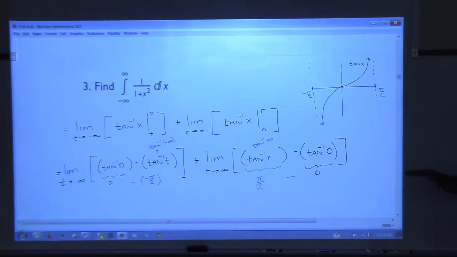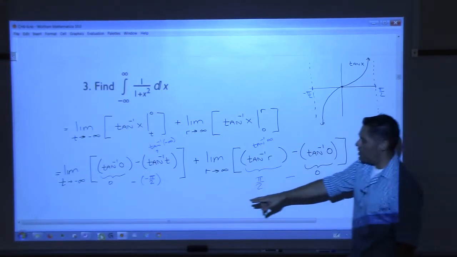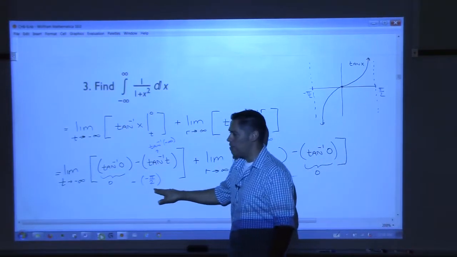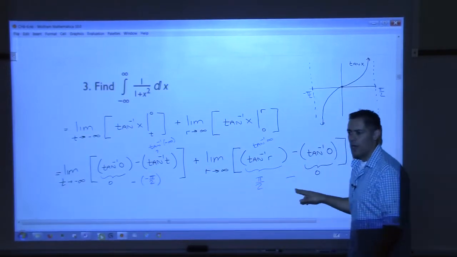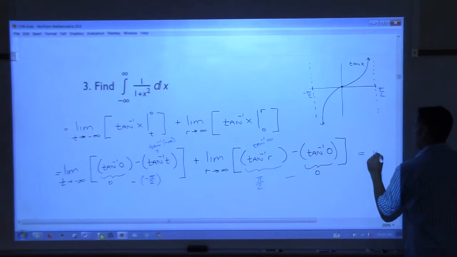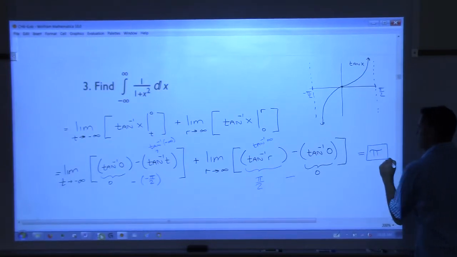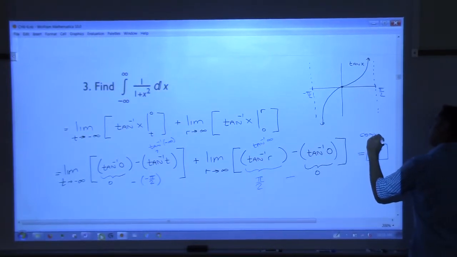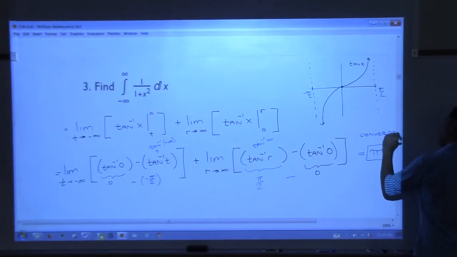So we've taken the limits now. So we get 0 plus pi over 2 plus pi over 2 minus 0, which is pi. This converges to pi.